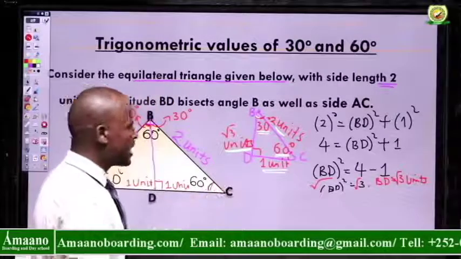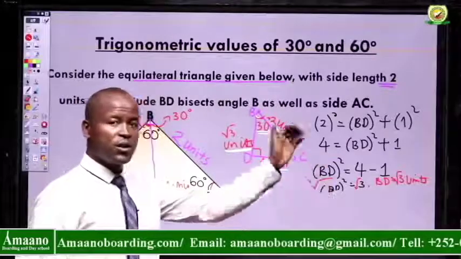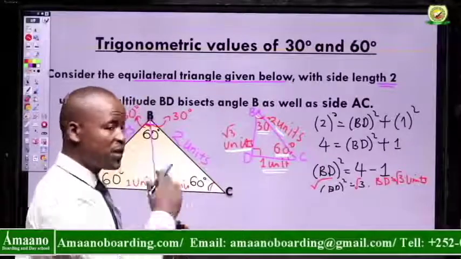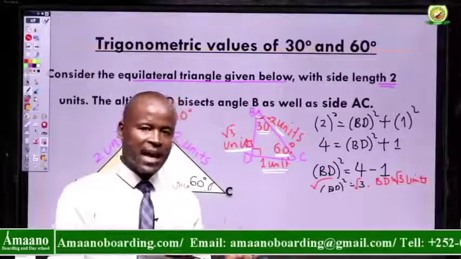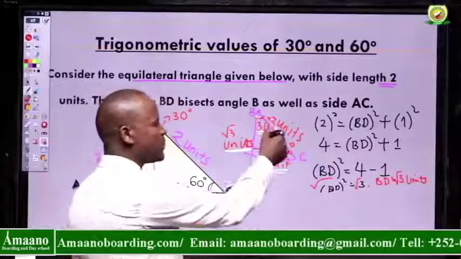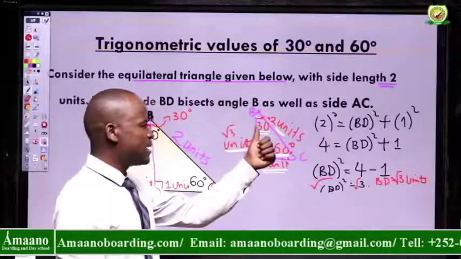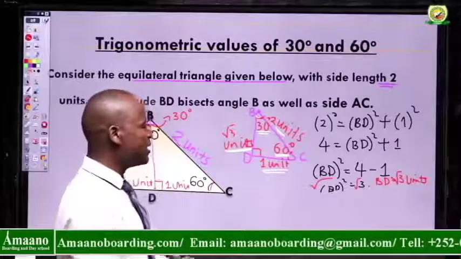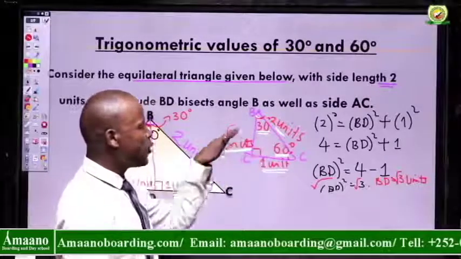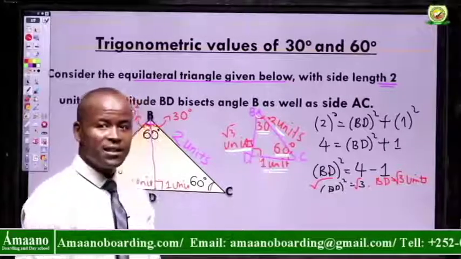Later you will check the answer. Use the trigonometric ratios as we did for sine, cosine and tangent for the 45 degrees angle. You follow the same steps, and then you can find values for sine, cosine and tangent for this 30 and 60 degrees angle, because you have all the needed information on this right angled triangle.